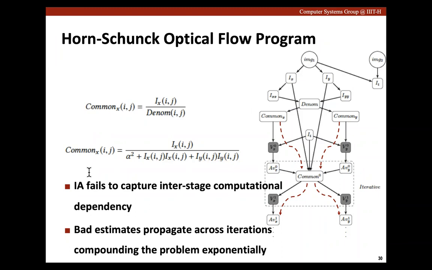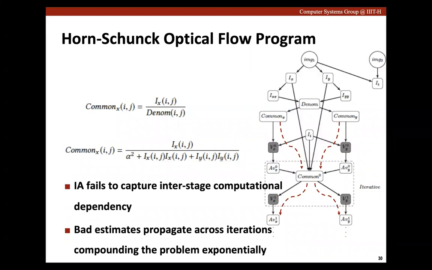It has a combination of stencil and point-wise stages. But what is important is that the dashed box is applied again and again, and as the number of iterations increases, the accuracy of the direction vector estimation also increases. This is how the Horn-Schunck optical flow estimation algorithm works.